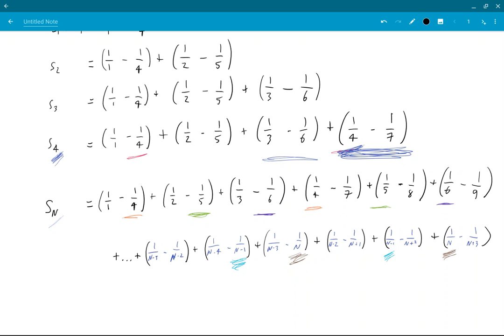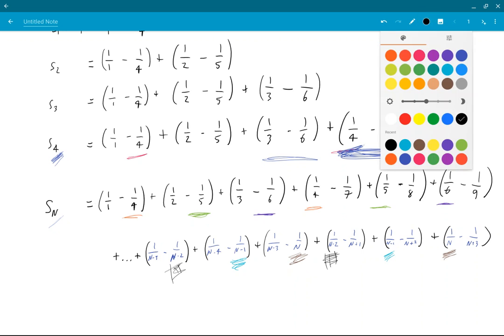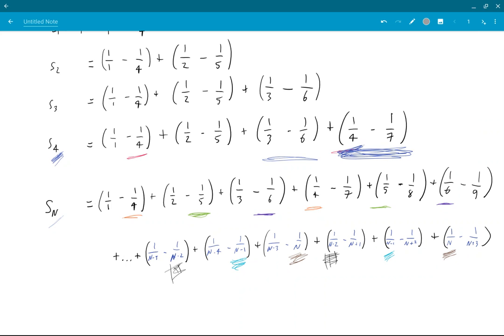N minus 2, minus 1 over N minus 2. So I'm going to circle in gray. What is surviving? Surviving, surviving, surviving. And that appears to be it.